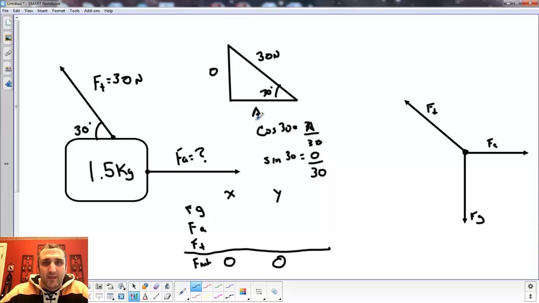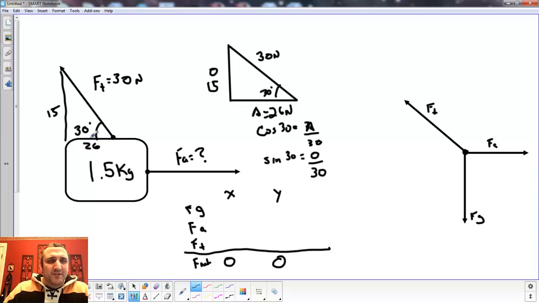26 newtons here and 15 newtons here. And that's why this had to change from 20 to 15. And we'll see what that means in a second. So our applied force on this side, and go with me on this, we know that this situation, this is this, which means this is actually 15, and this is 26.